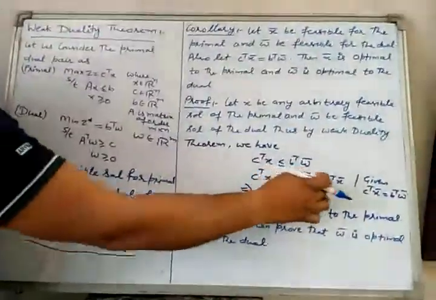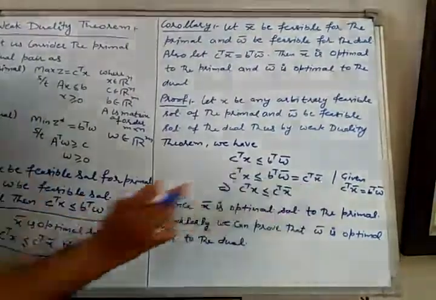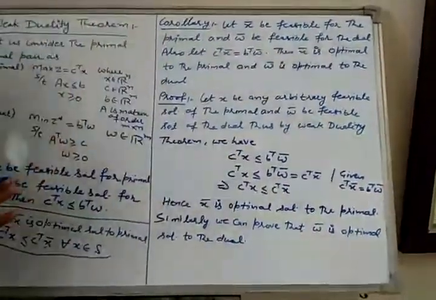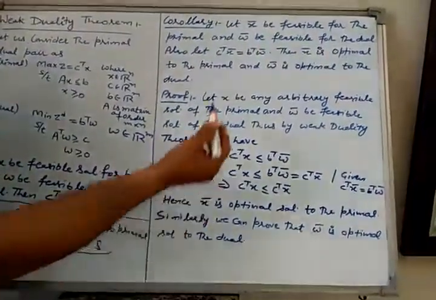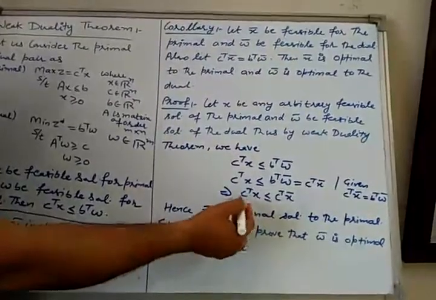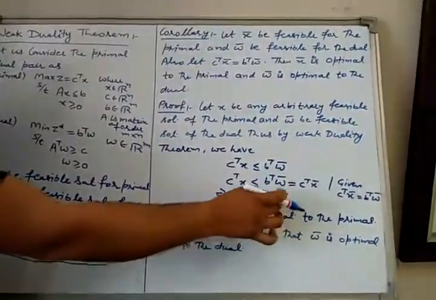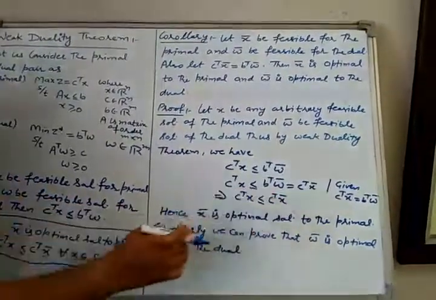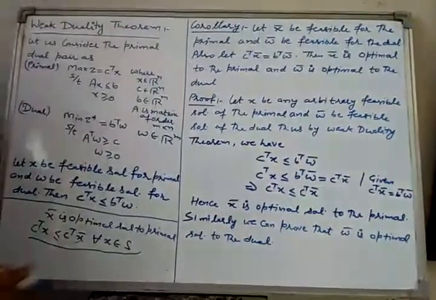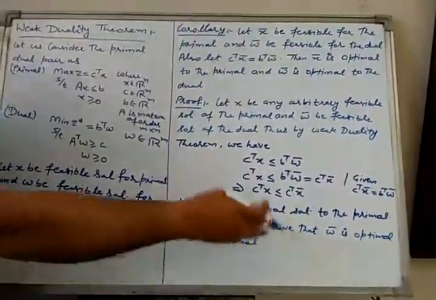We apply it here, and we get C transpose X is less than equal to C transpose X bar, where X is any arbitrary feasible solution. That means the value of the objective function for any arbitrary feasible solution is always less than the value corresponding to X bar. Therefore, X bar is an optimal solution to the primal problem. Similarly, we can prove that W bar is an optimal solution to the dual problem.